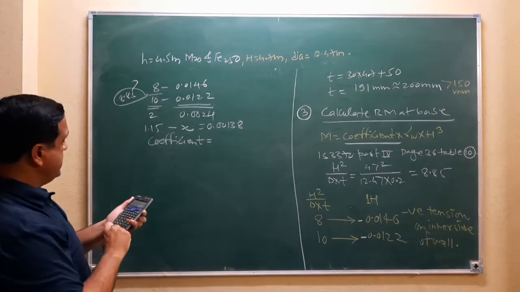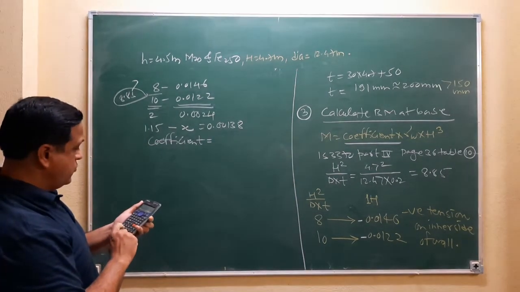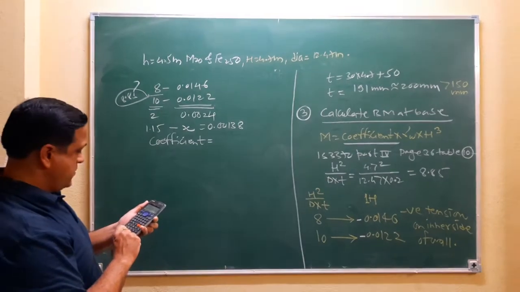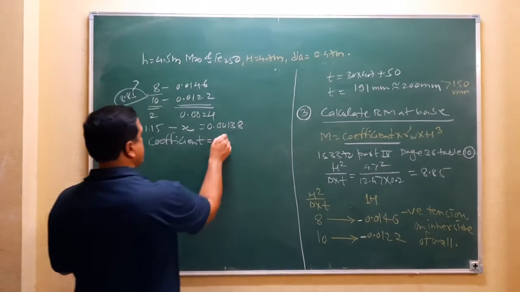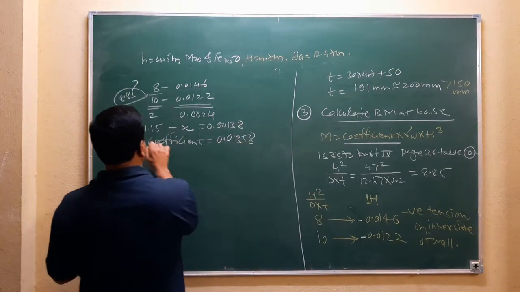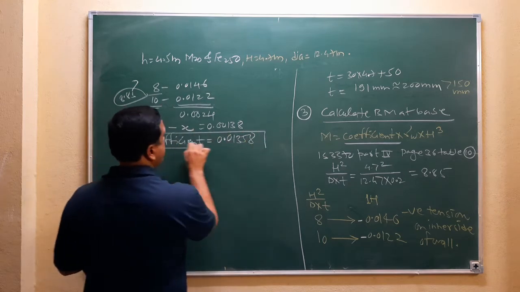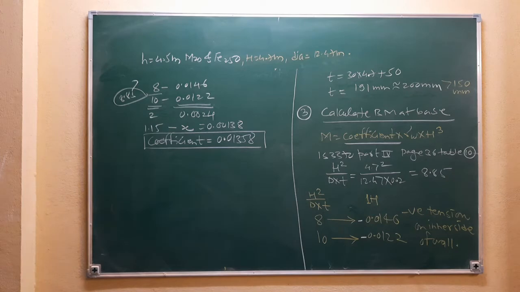So 0.0122 plus 0.00138 is 0.01358. So this is the coefficient. Is it clear to you?